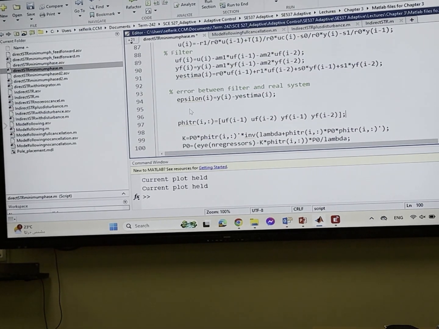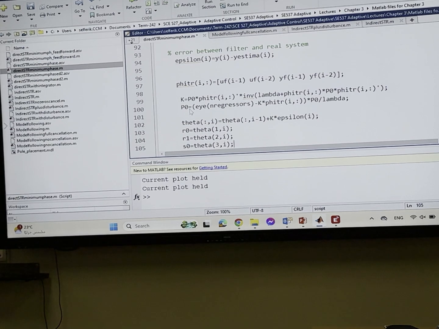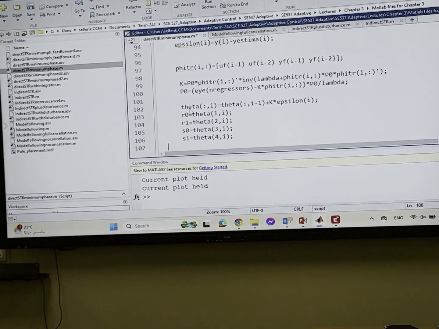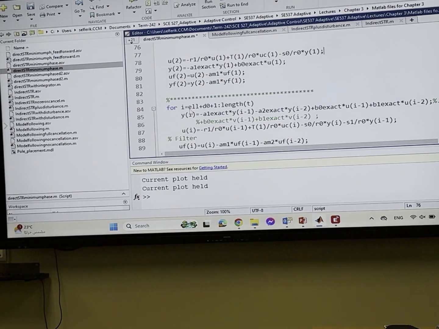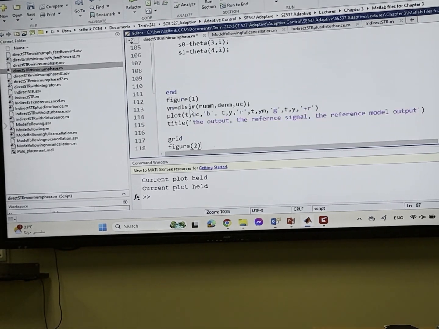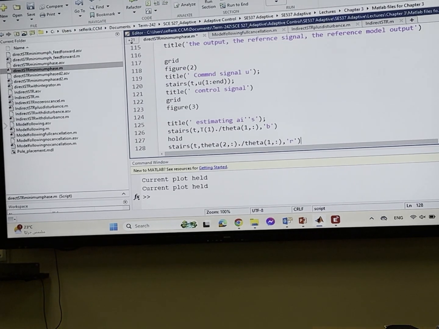Then I generate my regression vector, my value of K for the least squares method. I update my P0 and compute the new value of theta. Once I have the new value of theta, I need to come back to the beginning of the loop, from here. So this is for my next step. And then it plots the data. Everybody understood the code now?